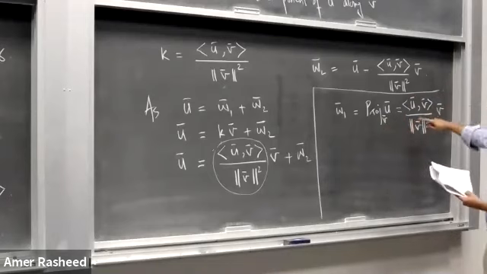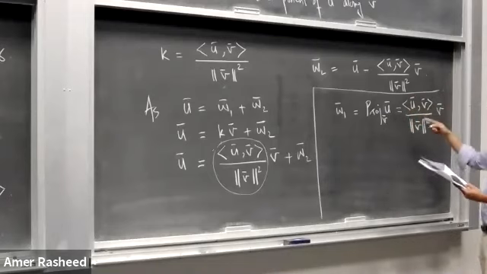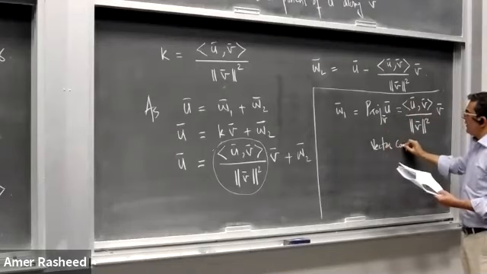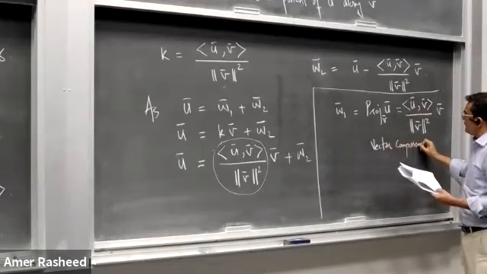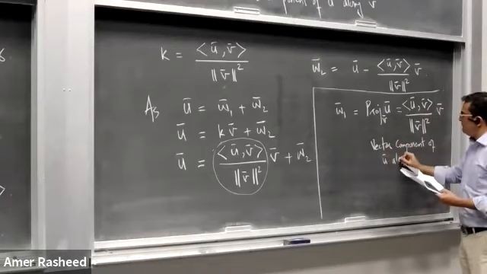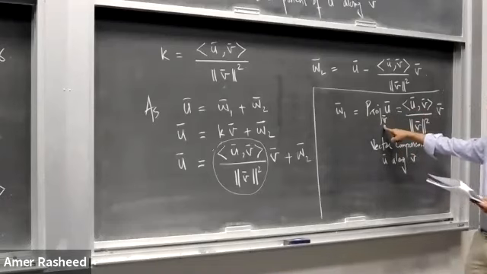This is the vector component of U along V, and we denote it by projection of U onto V.